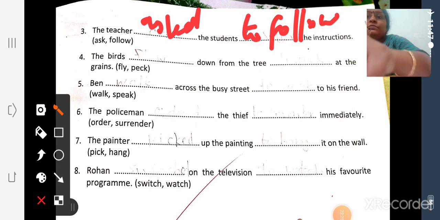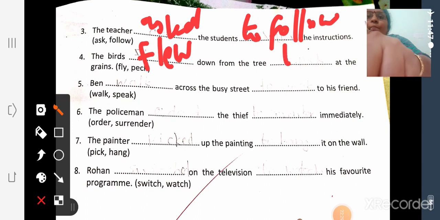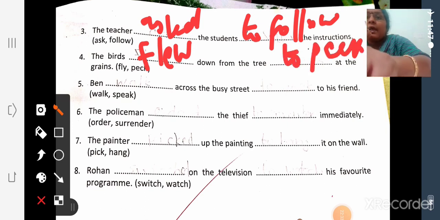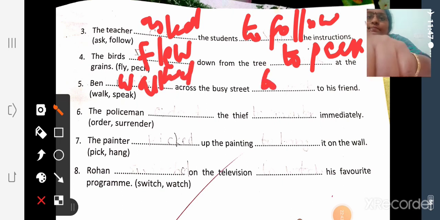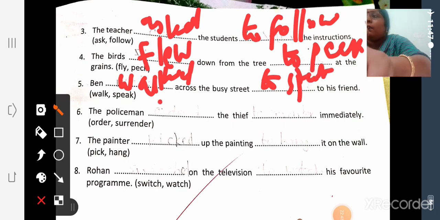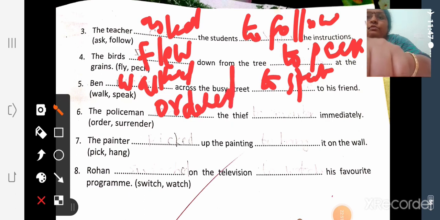The birds flew down from the tree to peck at the grains. Then Ben dash across the busy street to his friends. Ben walked across the busy street to speak to his friends. The policeman dash the thief. The policeman ordered the thief to surrender.